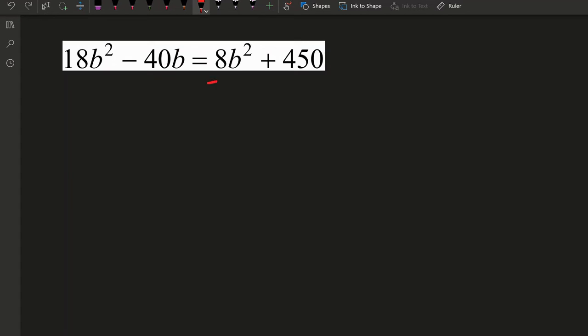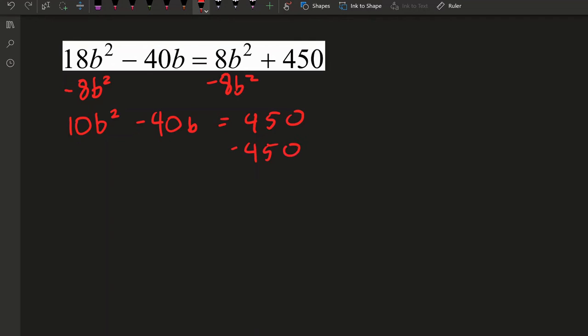I'm going to start off by subtracting 8b squared on both sides, making sure that I subtract b squareds from b squareds. 18b squared minus 8b squared is 10b squared minus 40b is equal to 450. Again, I want it to equal 0, so I'm going to subtract 450 from both sides.